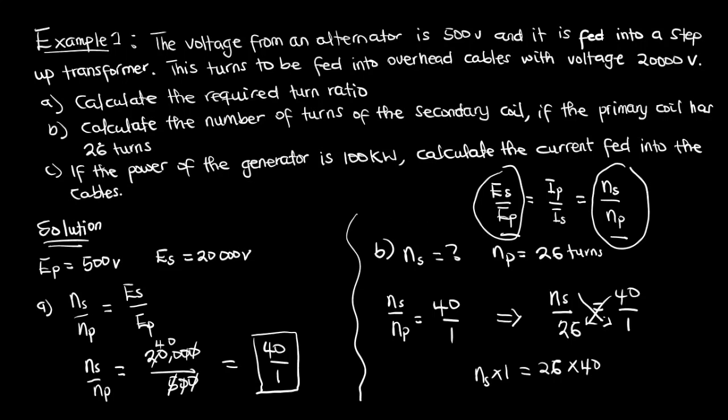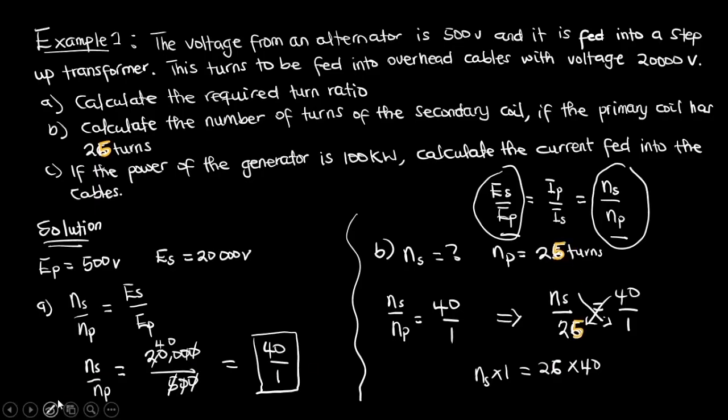Sorry, this is supposed to be 25 turns. So we are dealing with 25, and this is also 25. So let me use another color for that. But regardless of whether it's 25 or 26, the answer you will get is just simply multiplication.